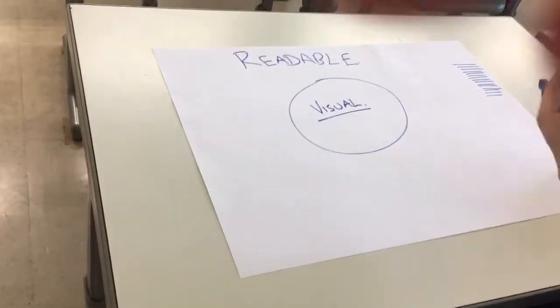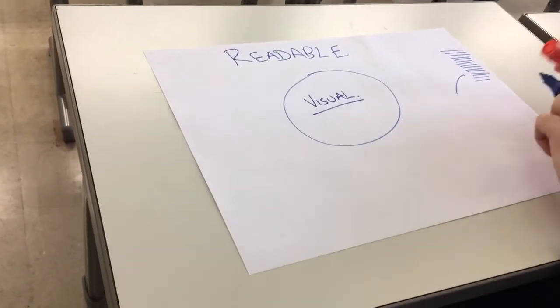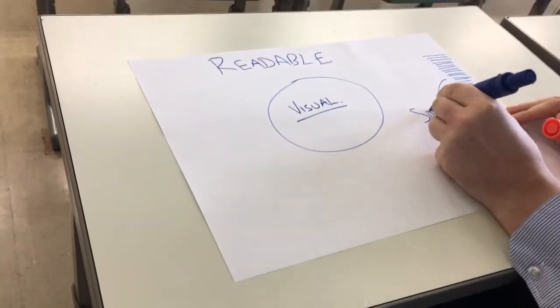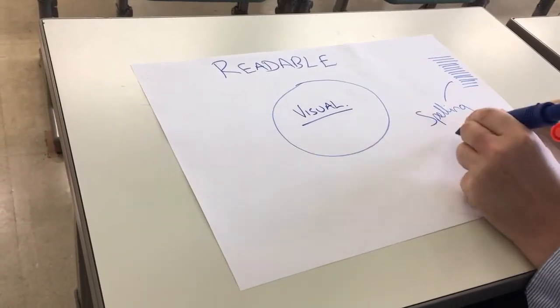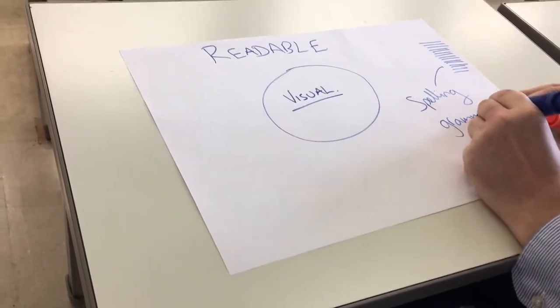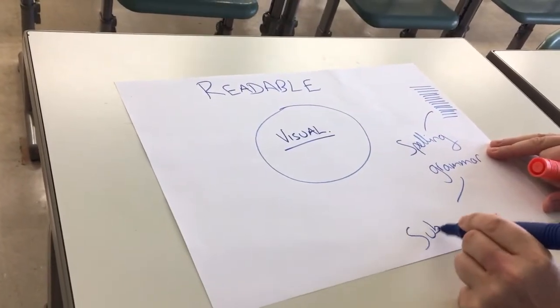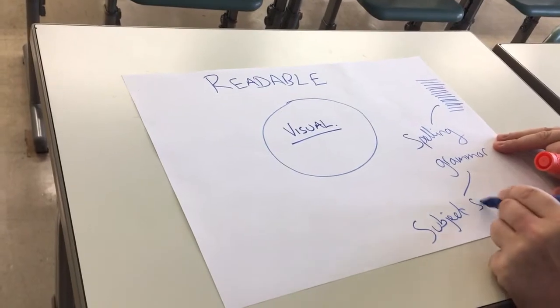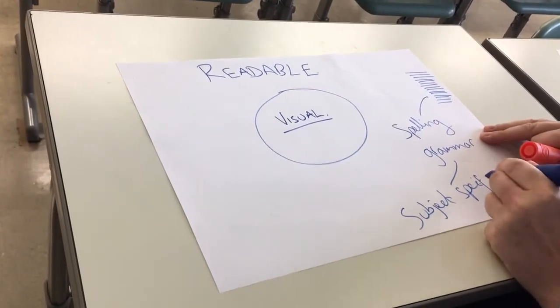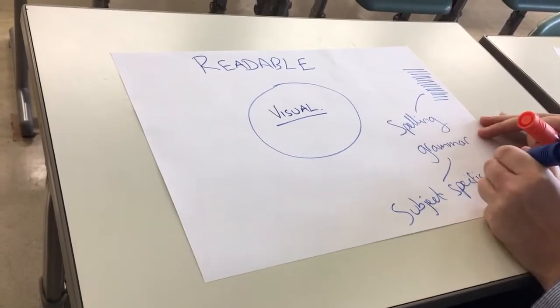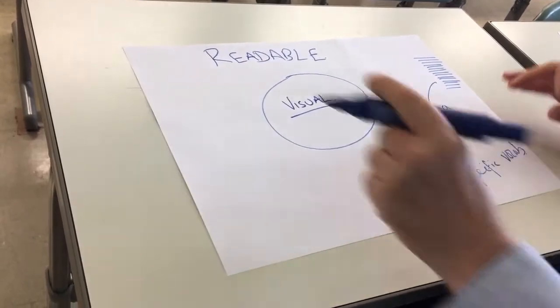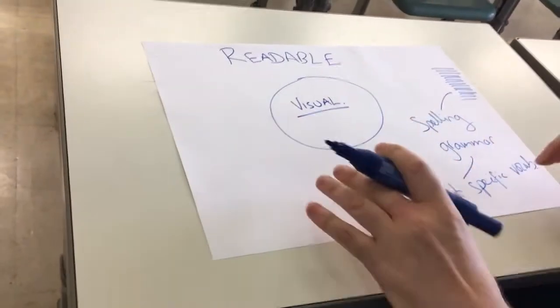Of course, there will be writing on the poster, and when you are doing your writing, you must think about your spelling and your grammar, especially for your subject-specific vocabulary, okay?